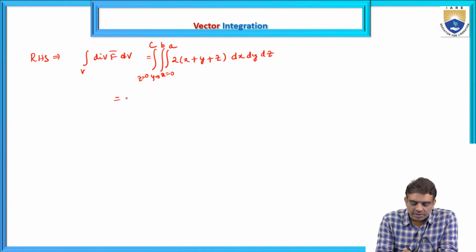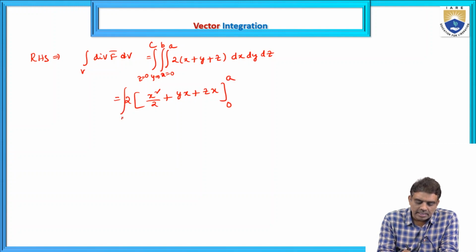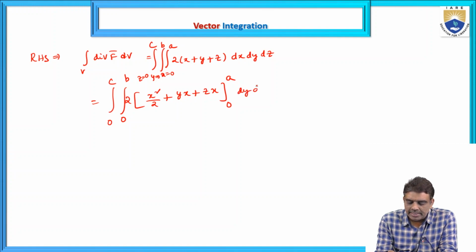So on integrating the function 2 into, integrating first with respect to x, x square by 2 plus xy plus zx between 0 and a, and the limits are integral 0 to b and integral 0 to c with respect to dy and dz.